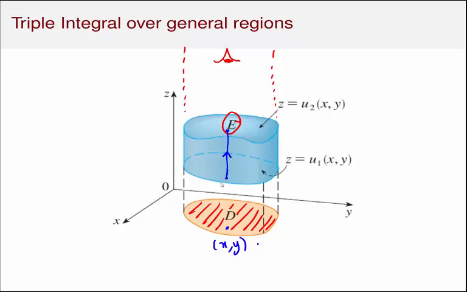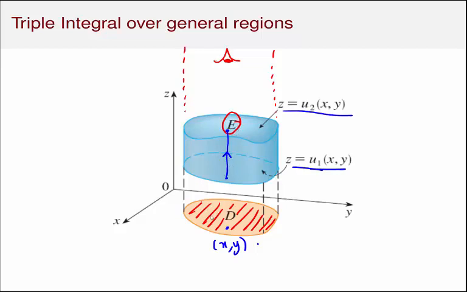So basically this vertical arrow above the point x, y, starting from the lower surface given by z equals u1, all the way to the top surface, z equals u2, will be entirely inside the region E.